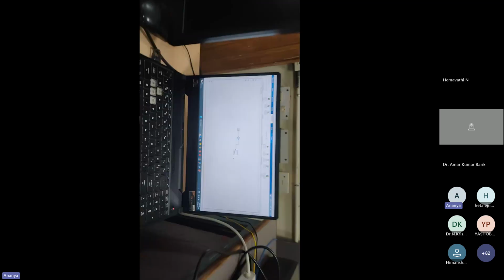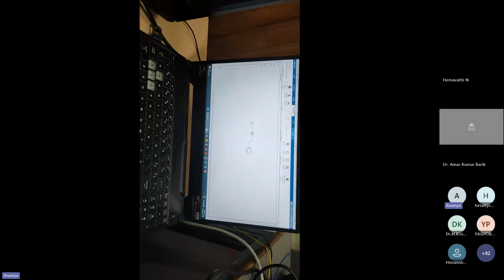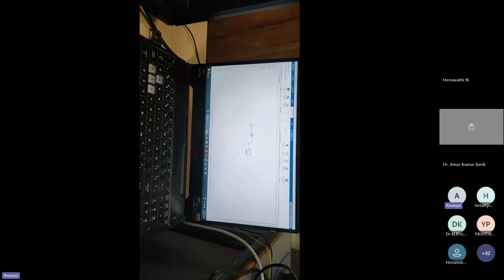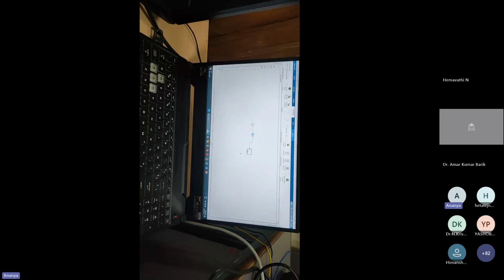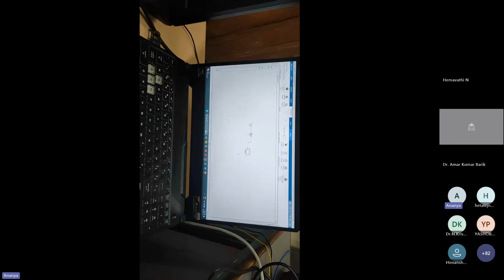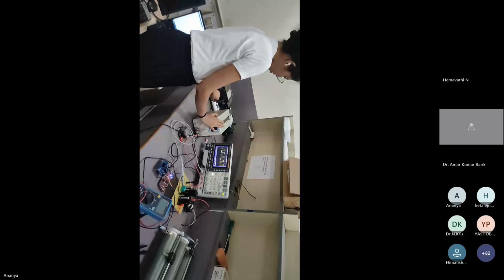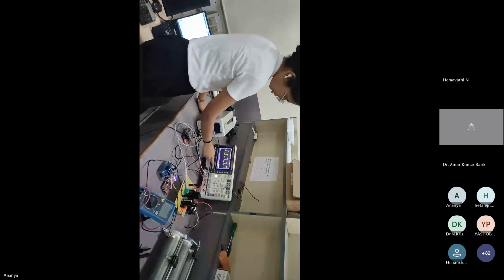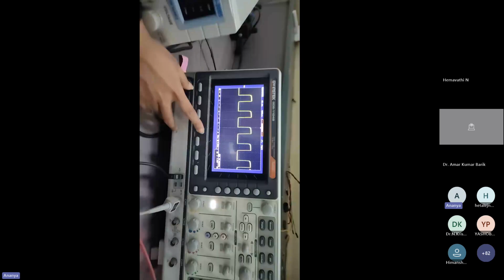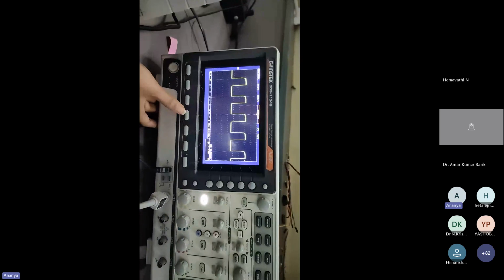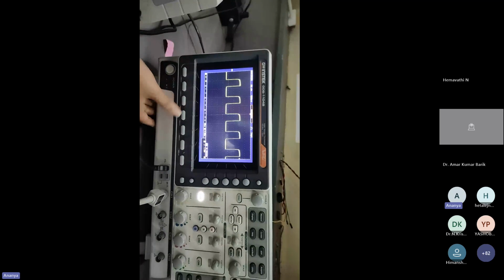This is basically interfacing of C2000 with MATLAB. We can also do this by coding with Code Composer Studio. Now we'll start our experiment. Here you can see the pulses for 25 kilohertz and 0.6 duty ratio.